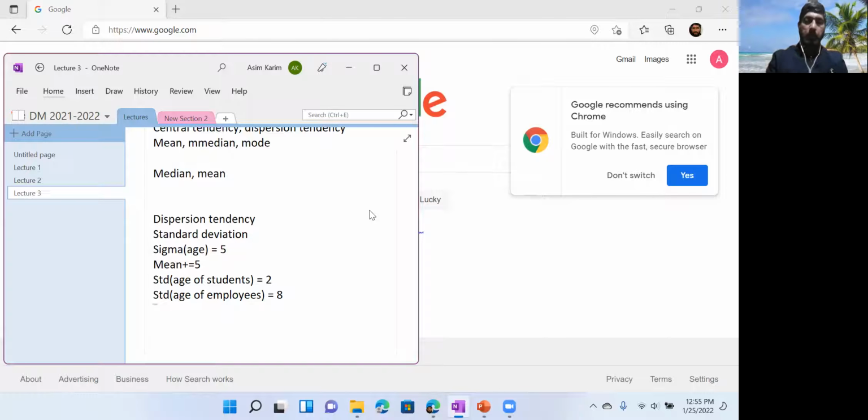All right. So this can be done for interval scale and ratio scaled attributes. But if you have attributes that are ordinal, meaning that they have order but you can't really compare the scales between two ranks, how would you determine the dispersion tendency?